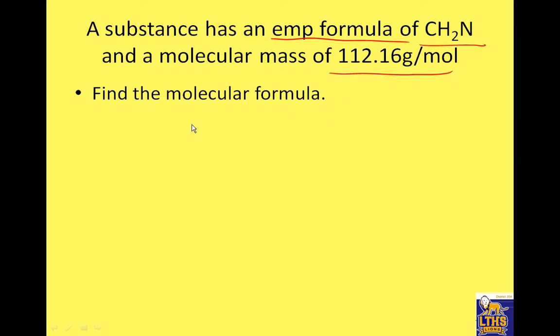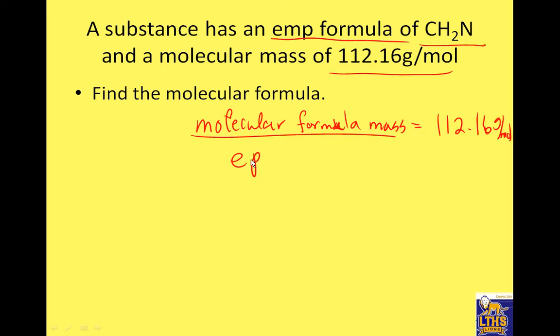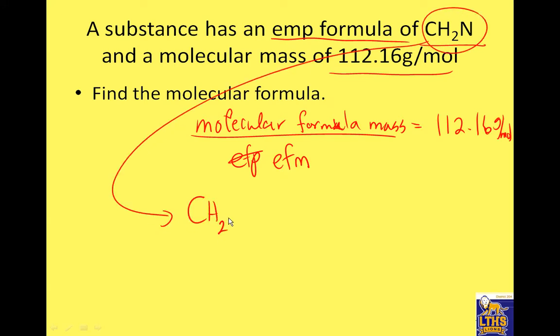Well, we would say the molecular formula mass is 112.16 grams per mole. Then we need to divide by the empirical formula mass. So how would we get that? Well, here's the empirical formula, CH2N.